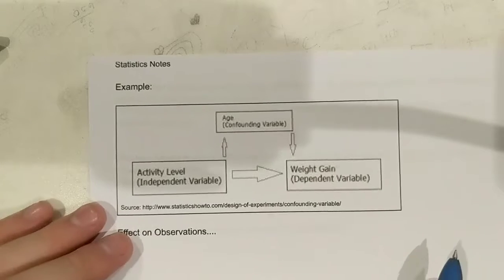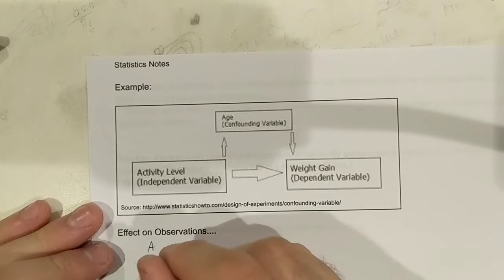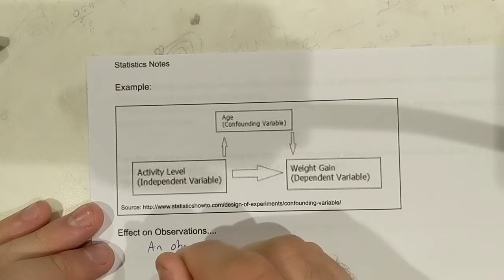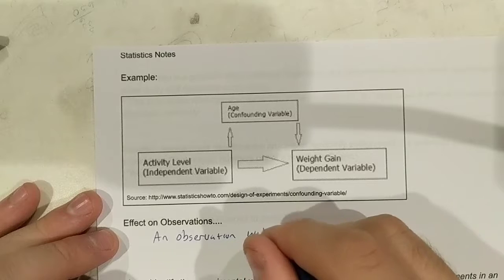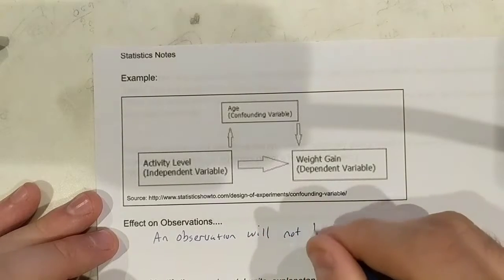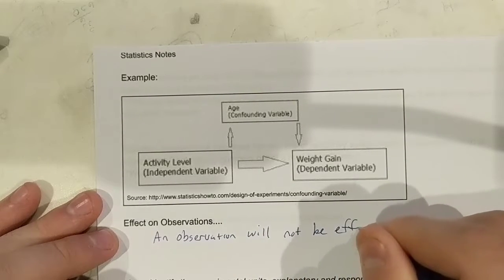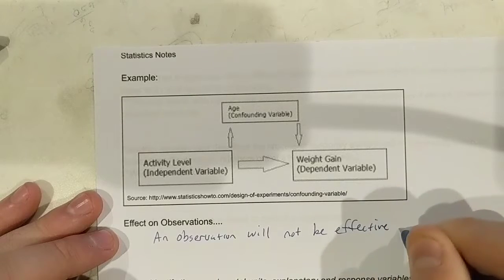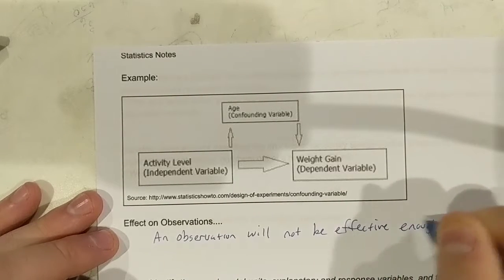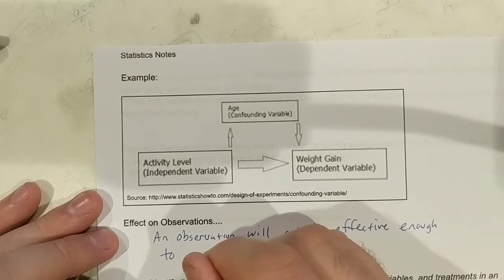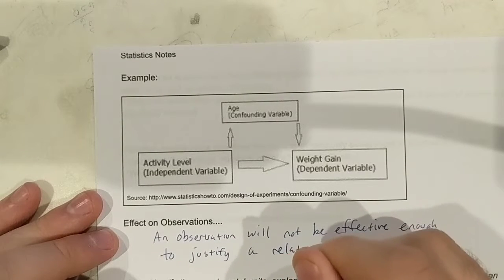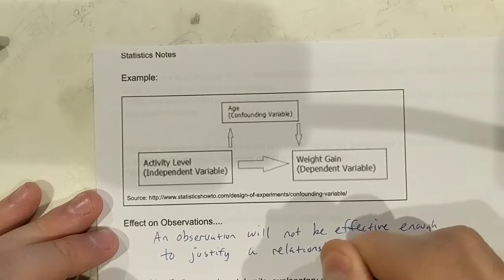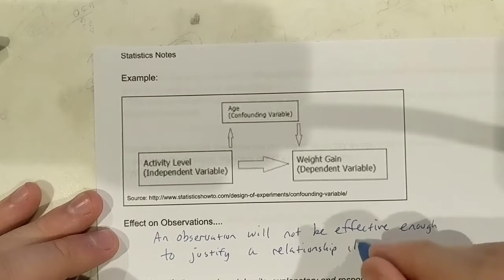So your effect on observations. An observation will not be effective enough to justify a relationship if there is a confounding variable.